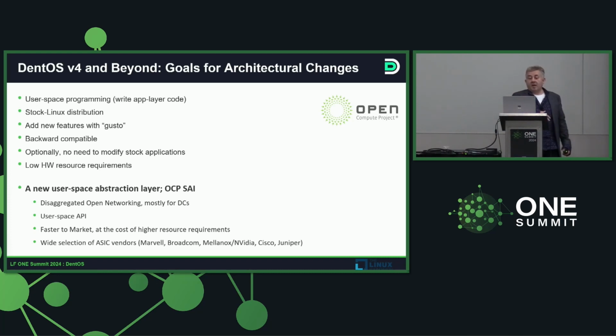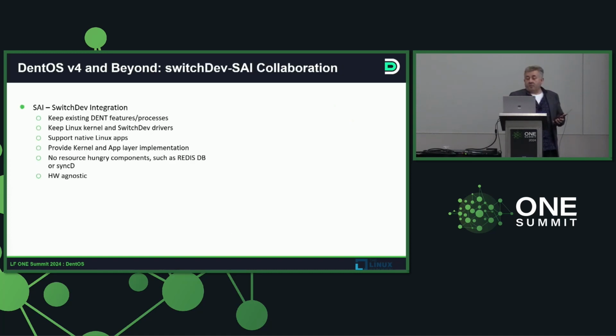But if you look at the OCP SAI-based vendors, you have solutions from Marvell, Broadcom, Mellanox, now NVIDIA, Cisco, Juniper, you name it. There's a large number. And these SAI libraries are available publicly to be downloaded so that they can be incorporated into an OS.